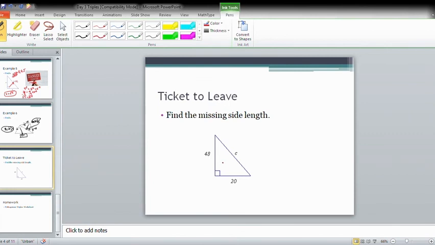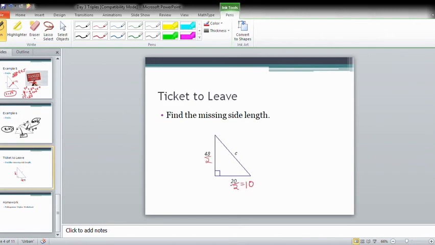All right, so we're looking for the missing side. I'm looking at 48 and 20, which are definitely not a family. However, let's divide both sides by, I guess I'll start with 2.